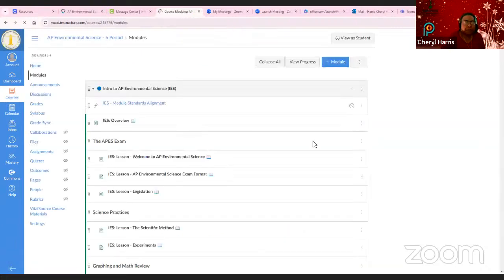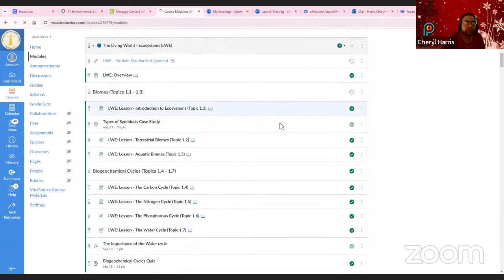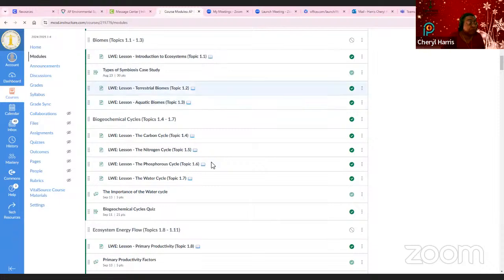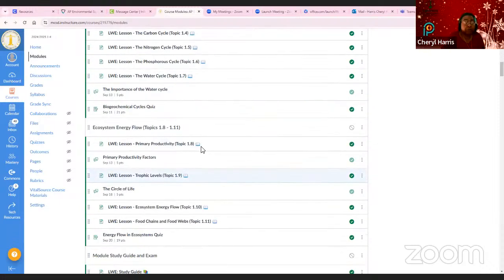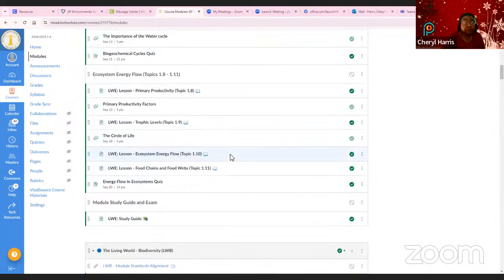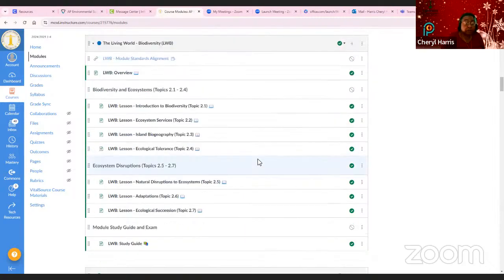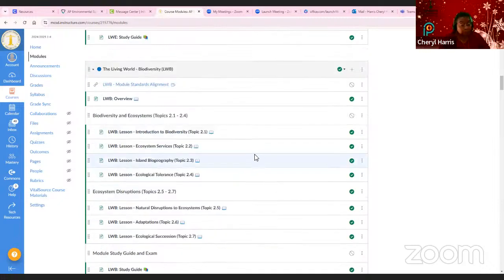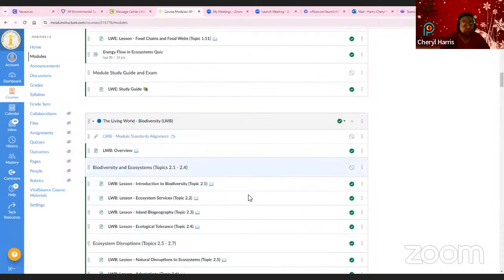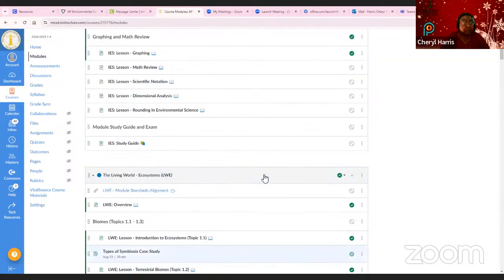Everything from the beginning means that we're going to start looking at introduction to ecosystems, different types of biomes, the different cycles that we went through, productivity, trophic levels, energy levels, food chains, food webs. And since we're going to do a separate test on this unit, on Living World, there won't be that many questions on it, maybe one or two. So the bulk of the test will be on the other topics that we did earlier in the year.